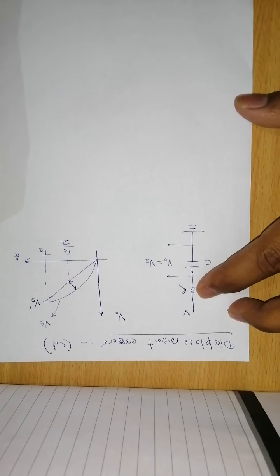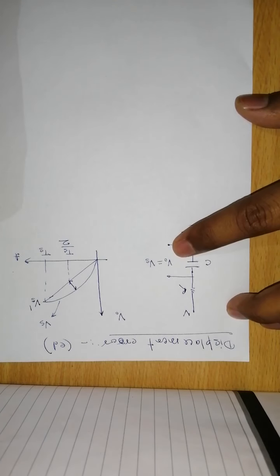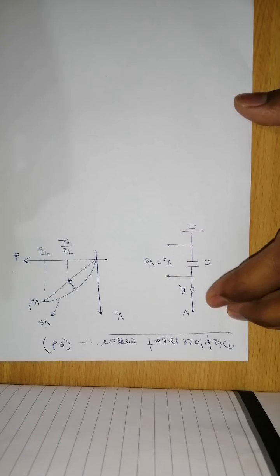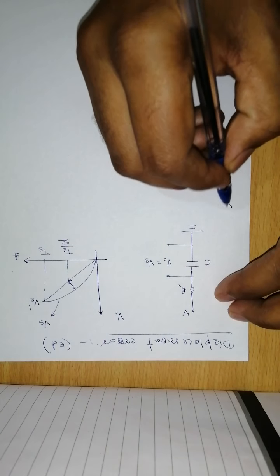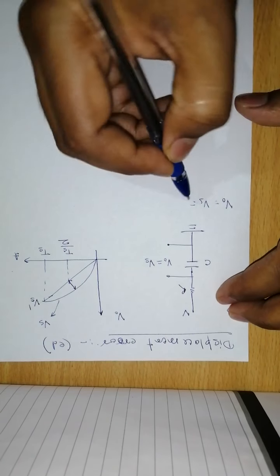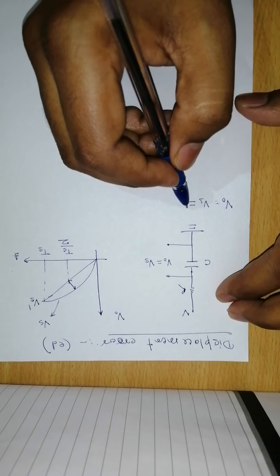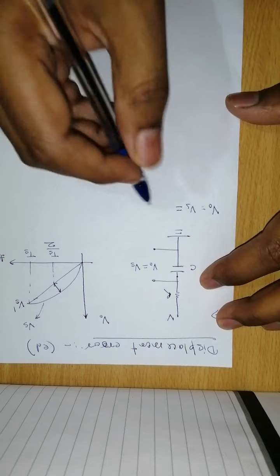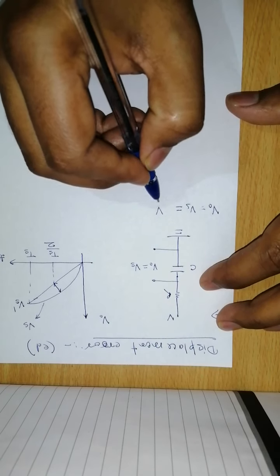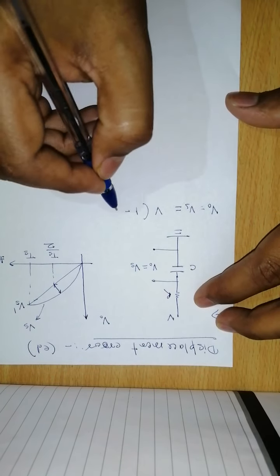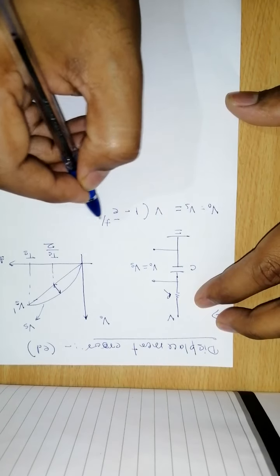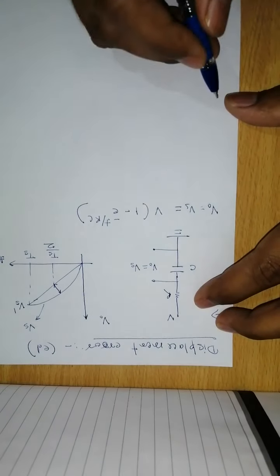So ED is equal to this Vs. Vs is the output voltage appearing across the capacitor. How do you write that V naught or Vs? It is nothing but the charging equation of the capacitor. It is charging by the voltage V, 1 minus e to the power minus t by RC.